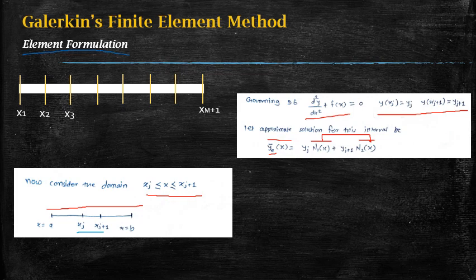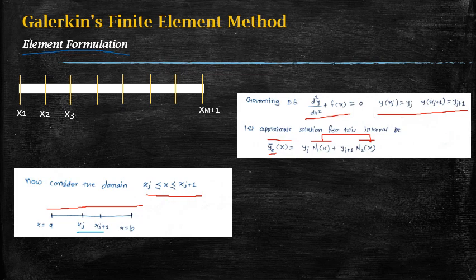Since we are dealing with one single element which varies from x is equal to xj to x is equal to xj plus 1, that's why we have used this letter e here. So y bar e denotes we are talking about one single element. So y bar e of x is equal to yj into capital N1 of x plus yj plus 1 into N2 of x.